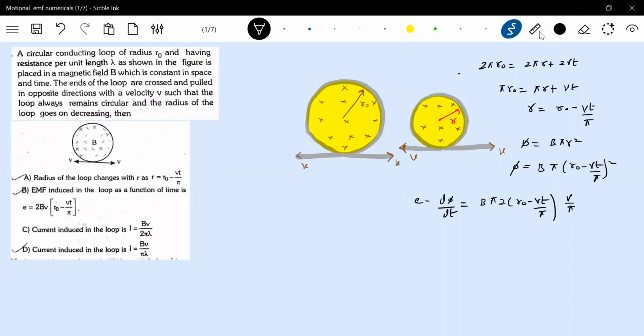Anyway, E equals minus d phi by dt, so it will be 2bv. These are very important and very popular also. You check it once.